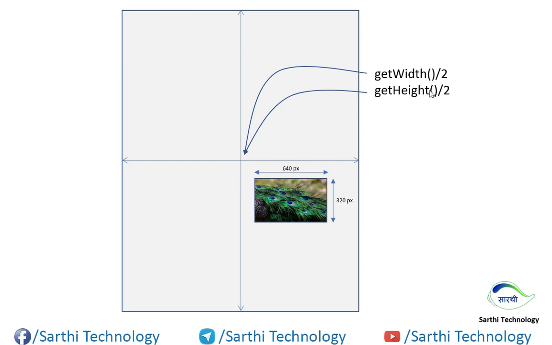The height is get height divided by 2, and then minus half of the image height. If we take half, that is 160, then this image will go up till half of the image. So using this method we can place this image in the center of this page.